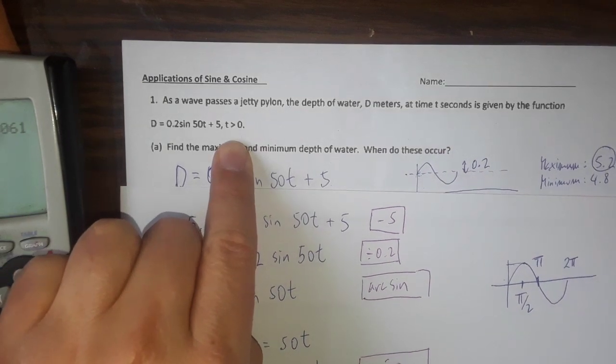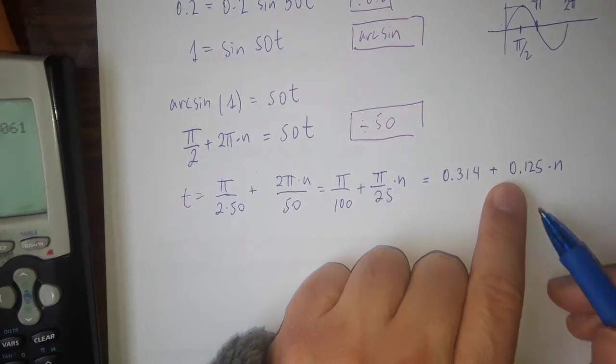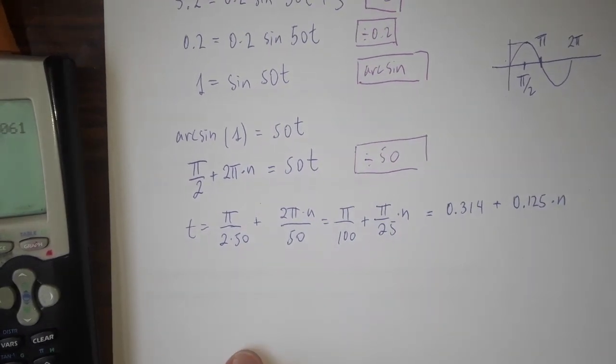It says only for t greater than 1, so that's it. So every 0.125, this is going to repeat and repeat. Okay? So here we go.